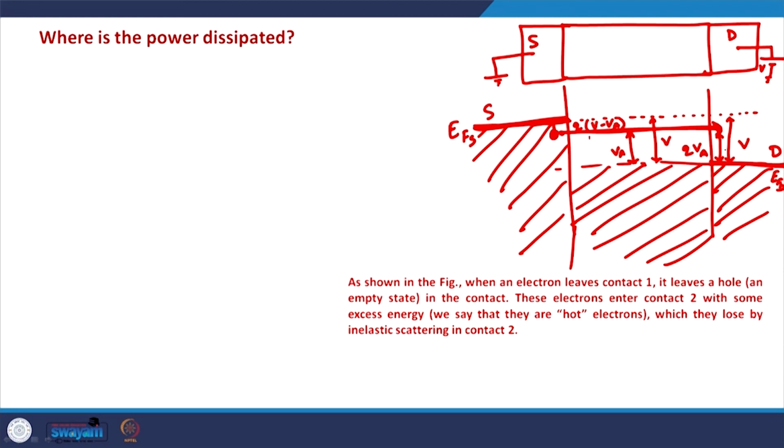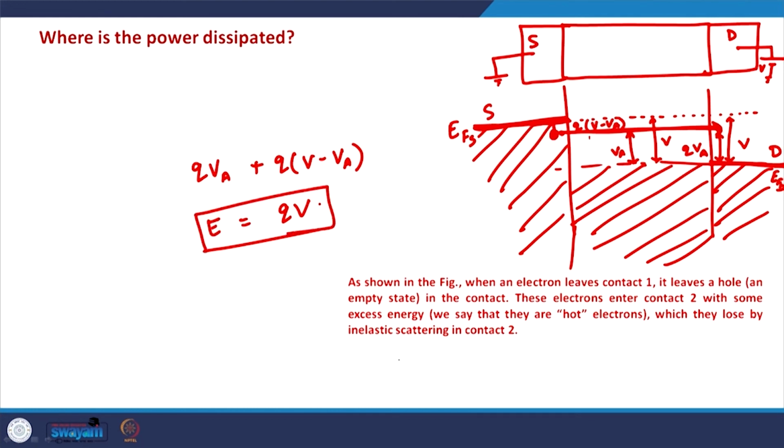Okay. So, the total energy that is dissipated in this device is Q times VA, the energy dissipated at the drain end, plus Q times V minus VA, which is essentially equal to Q times V. That is the energy dissipated in the ballistic transport case, with no scattering in the channel, only scattering in the contacts.